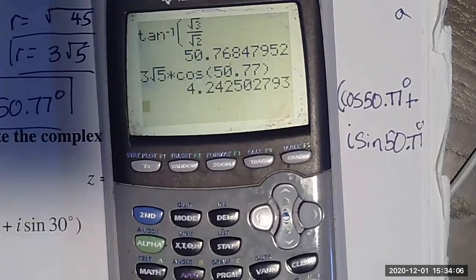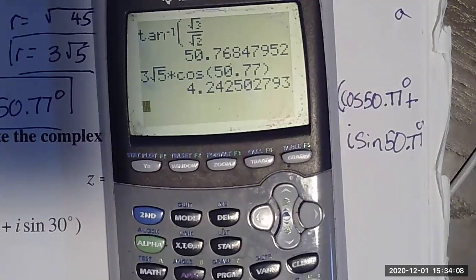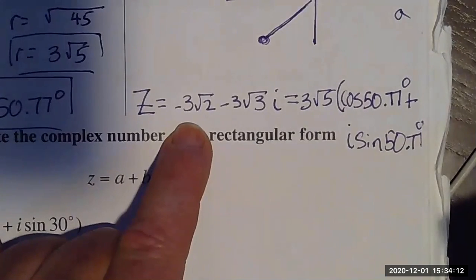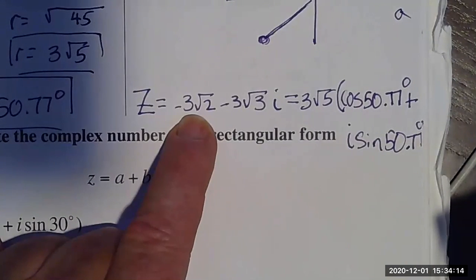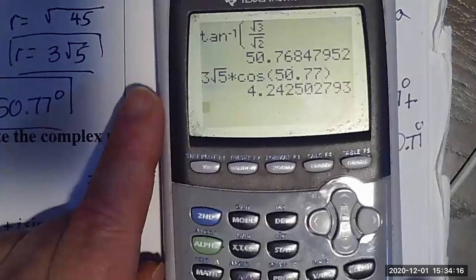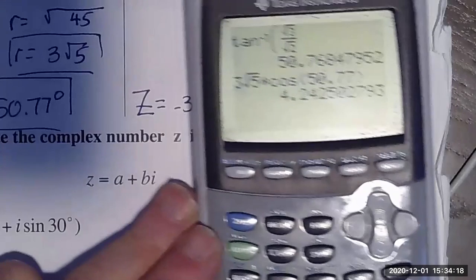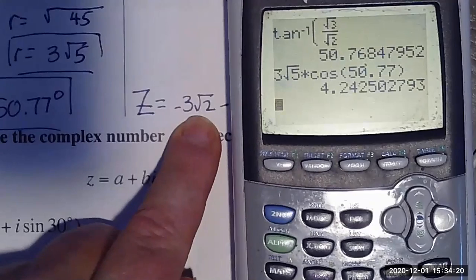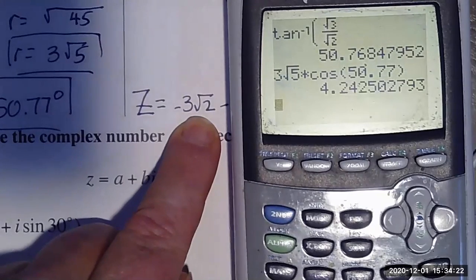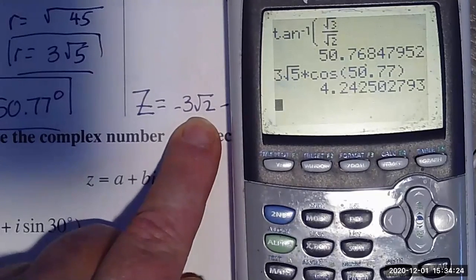Okay, so 4.24-ish. If I went and figured out what 3 times root 2 is, I'm saying it's about that. And I'm going to double check. I'm going to put this in. Negative. Okay, so why is it not negative?